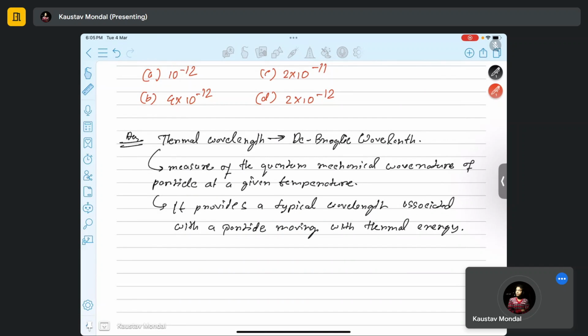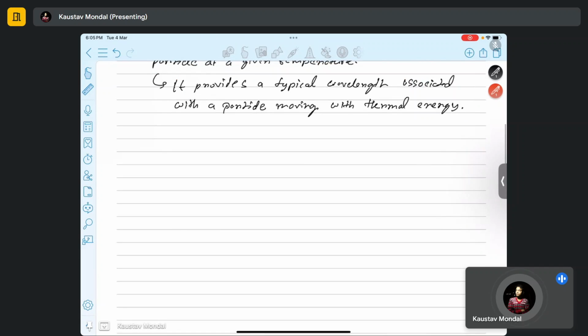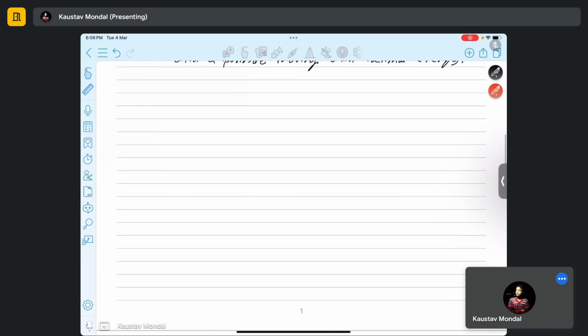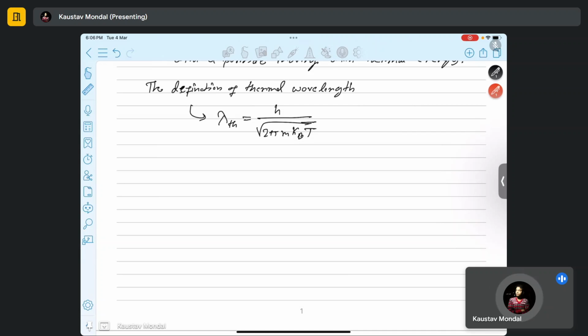Now what is the expression? The definition of thermal wavelength is lambda thermal equal to h by root under 2 pi m kBT. This is the expression of the thermal wavelength, lambda thermal.